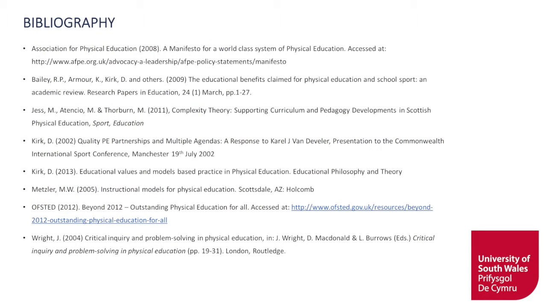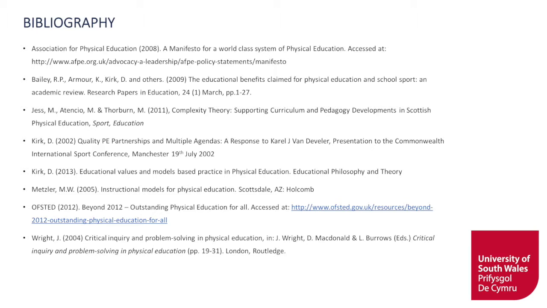In terms of the bibliography, there's a particular way you present it. The list of all the authors' surnames is in alphabetical order. So obviously the A's come first, then the B's, C's, and so on. Then you have a comma after the author's surname. Then you have all the initials of the author. If there's more than one author, you have to include all the authors within the reference in the bibliography.